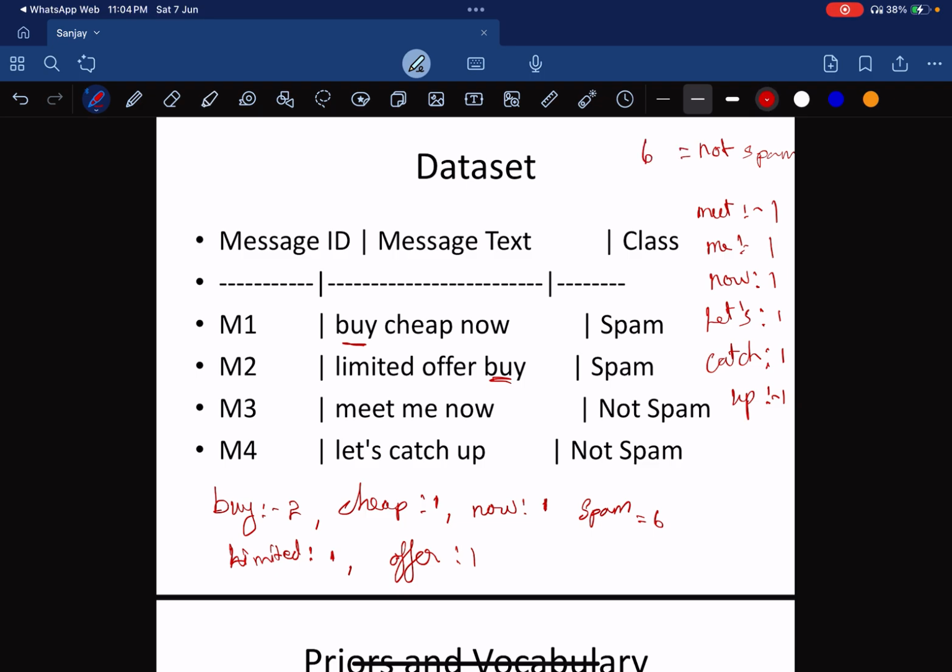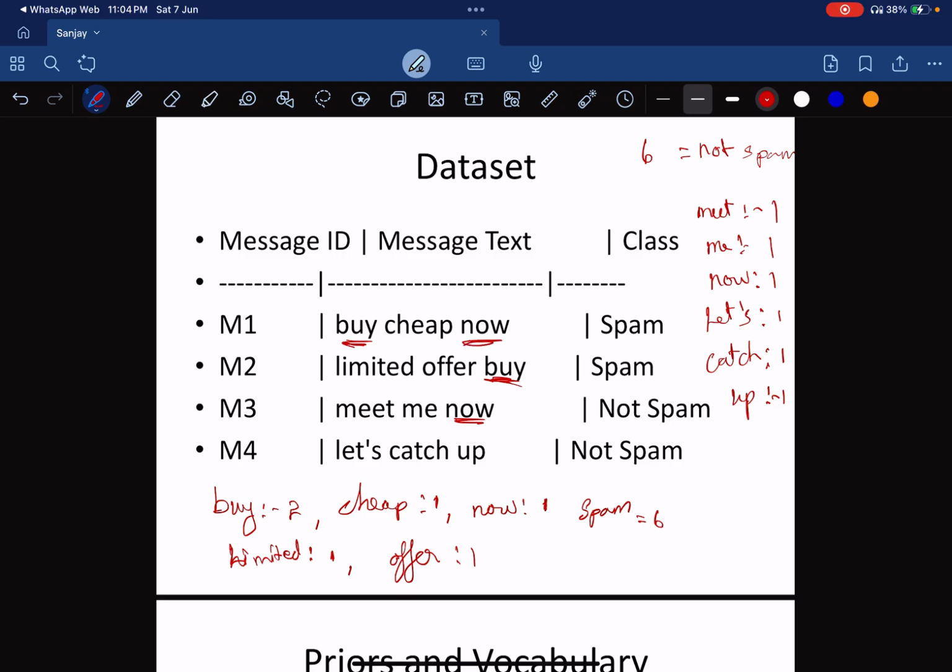So what is the total number of words in both classes? You may think it's 12, but that's not the case. The total number of words in the overall classes is not 12, because in the total we don't consider the duplicates. "Buy" occurs two times, and "now" occurs two times.